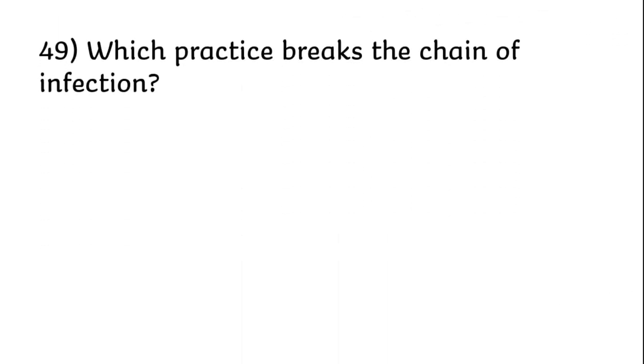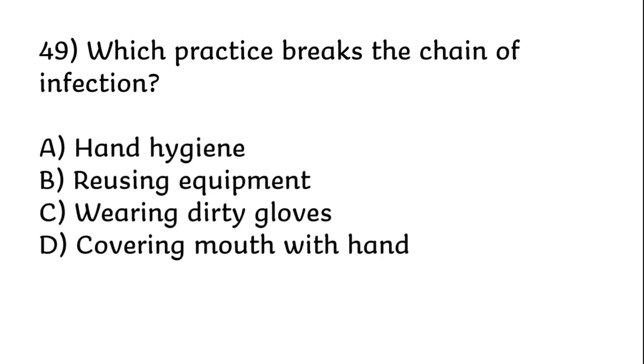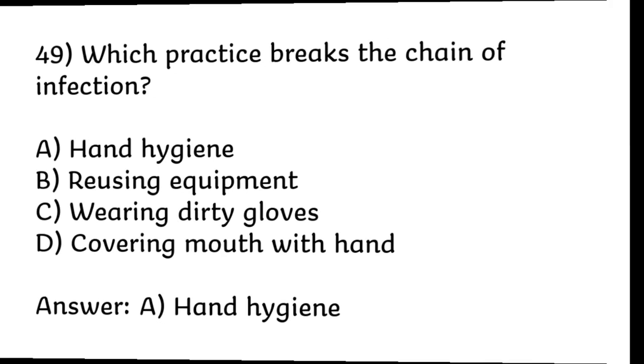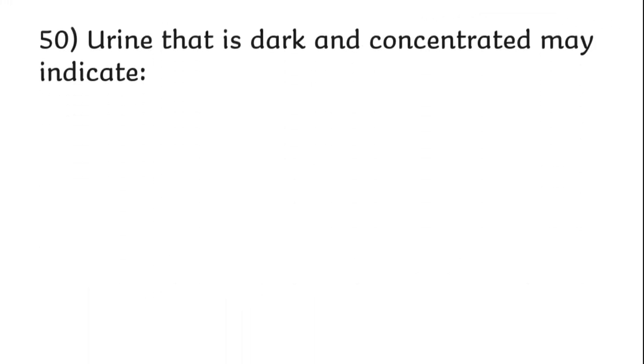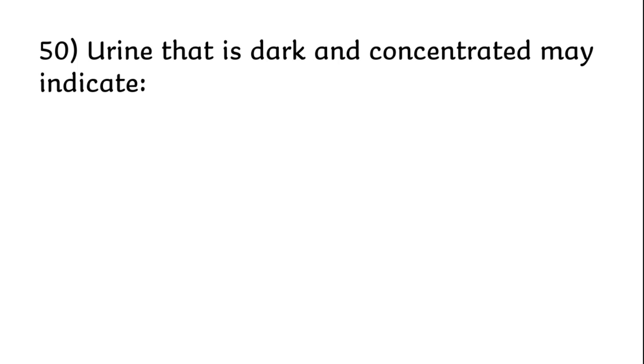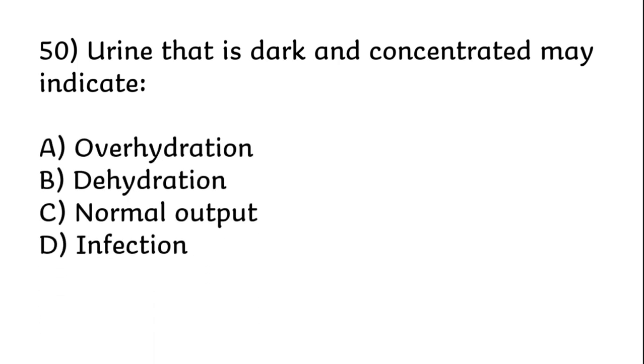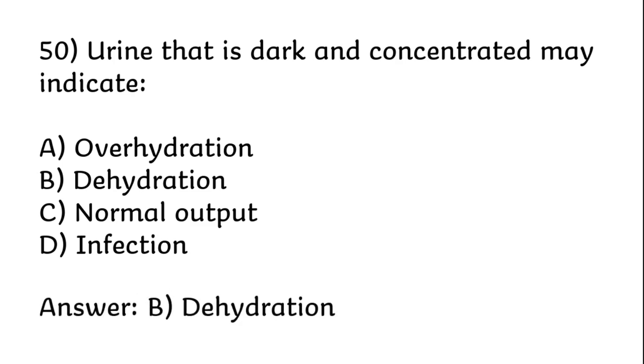Which practice breaks the chain of infection? Hand hygiene, reusing equipment, wearing dirty gloves, covering mouth with hand. Correct answer is option A, hand hygiene. Urine that is dark and concentrated may indicate overhydration, dehydration, normal output, infection. Correct answer is option B, dehydration.